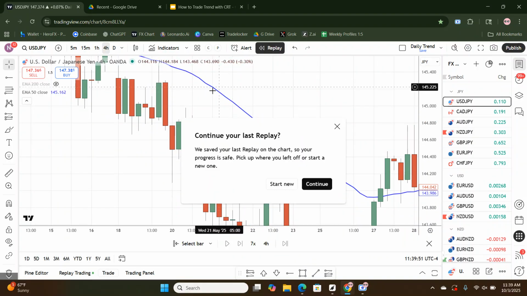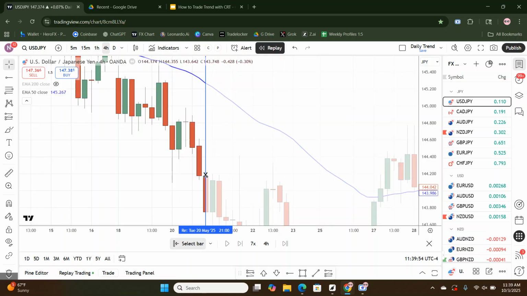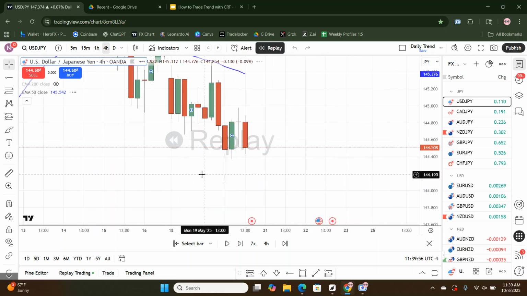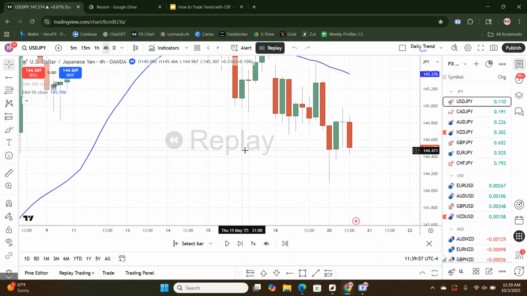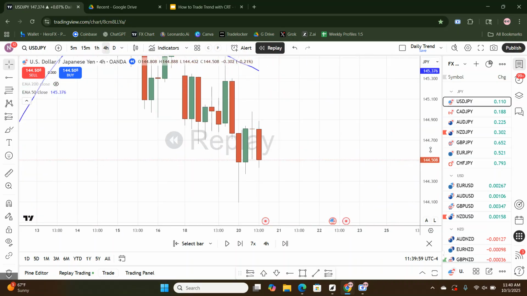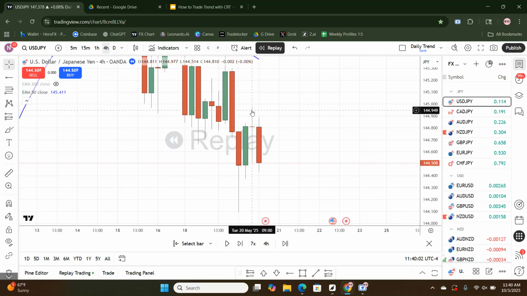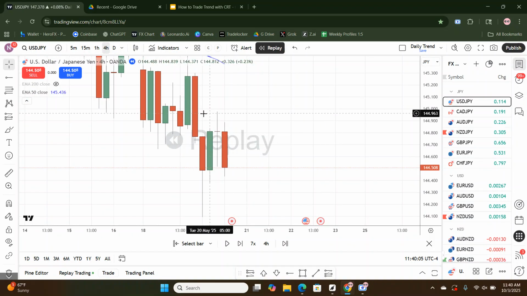Give me a second here. I like for the candle range theory to show, I like for this manipulation candle, this middle candle, to be the high of the day. That's just me. That's my preference. So I'm trying to make sure this is all in one day. So that's Monday. This is Tuesday at 1.